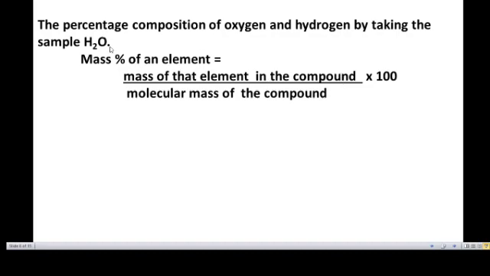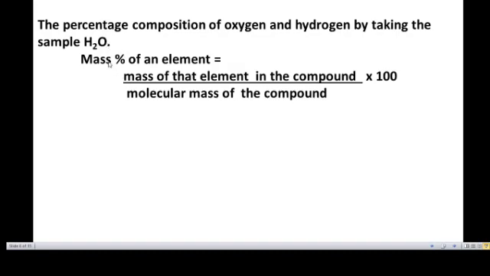So H2O is the compound. You know already what is element and compound. So these are different types of elements. So this is a molecule and also this is the compound. In this compound H2O, we have to calculate the percentage composition of hydrogen and of oxygen.